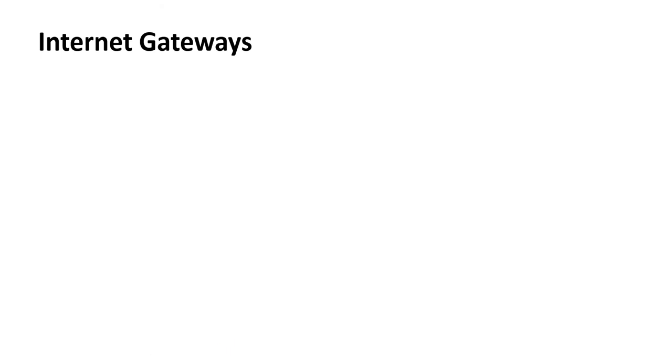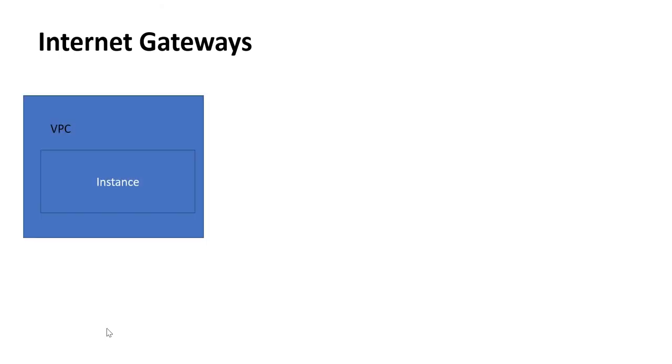VPCs can use internet gateways to talk to the internet. For example, take this scenario: you have a VPC, and you have an instance inside that VPC. It means that instance has been launched using that VPC and a subnet of that VPC.